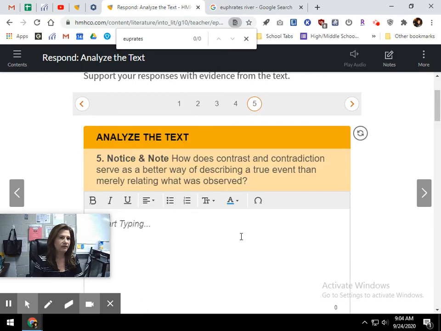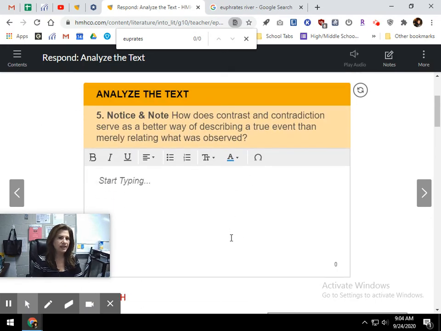And number 5, how does contrast and contradiction, that's one of your signposts, remember, how does that serve as a better way of describing a true event than merely relating what was observed? So if the author had just said, okay, we were standing there and then suddenly you could see the sun was starting to get covered, and it got covered a little bit more, and then by 5 o'clock it was covered halfway.